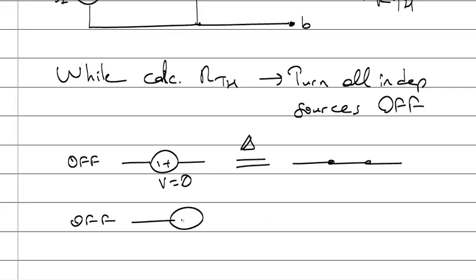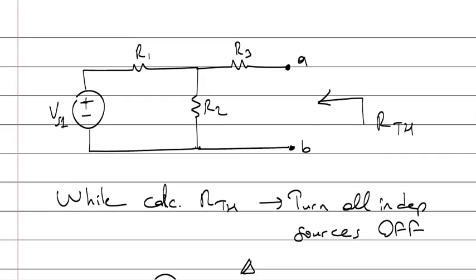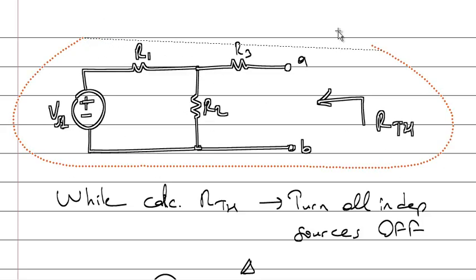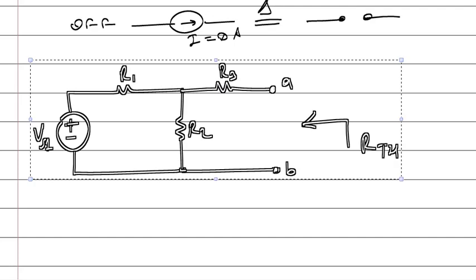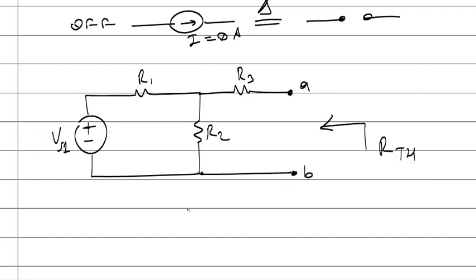Turning off a current source is 0 amp current. It behaves like an open circuit. Open circuit has 0 current always. So let's copy the circuit and redraw it, turning the sources off.